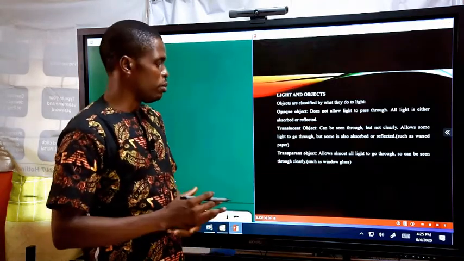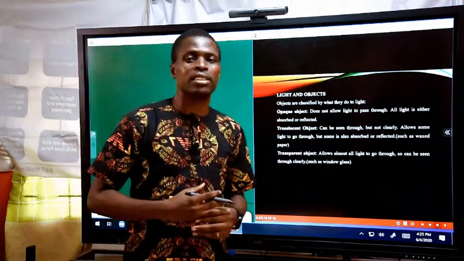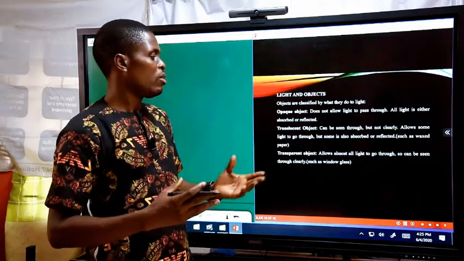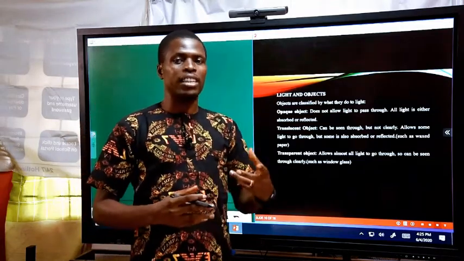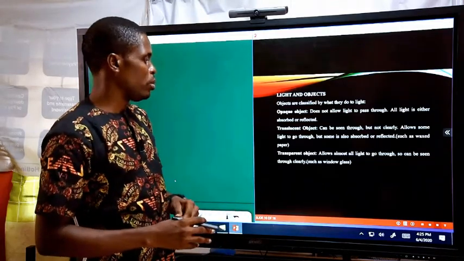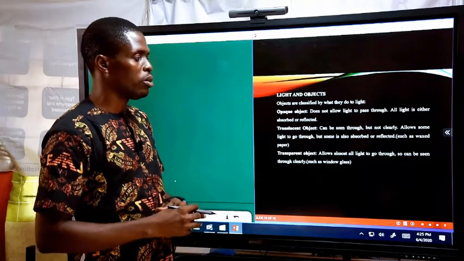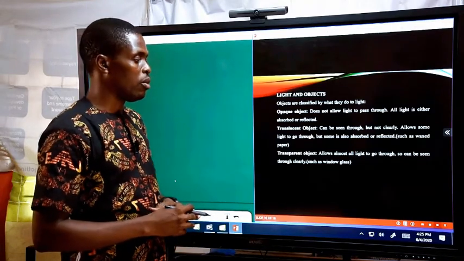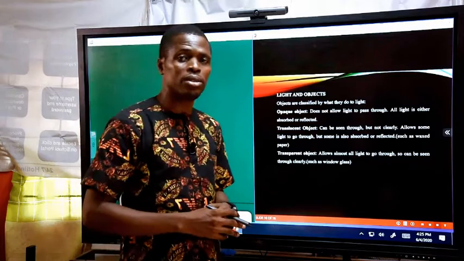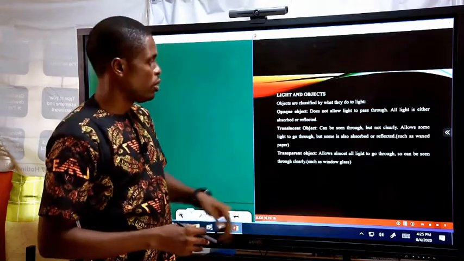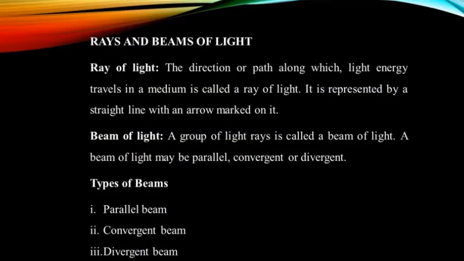We have transparent objects, like glass, which allow light to pass through them. Examples of transparent objects include glass, transparent nylons, and so on and so forth. So these are the classifications of how light behaves with various objects.